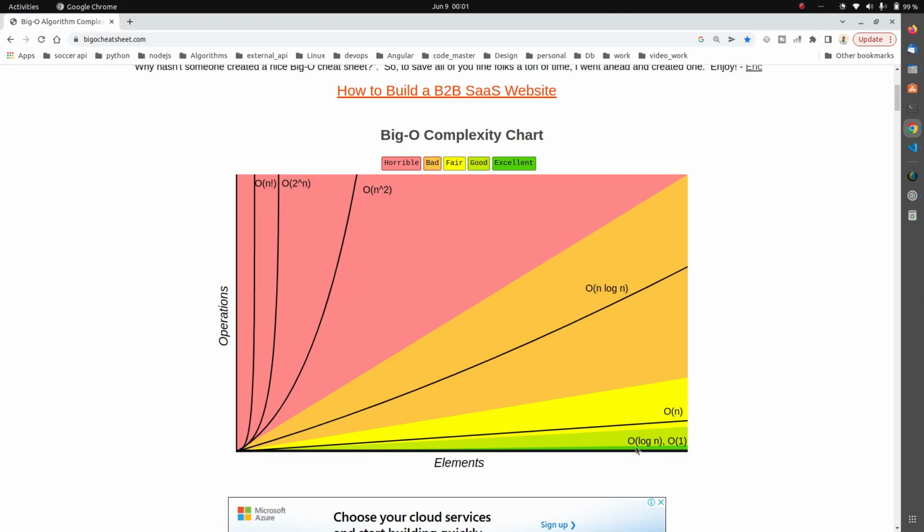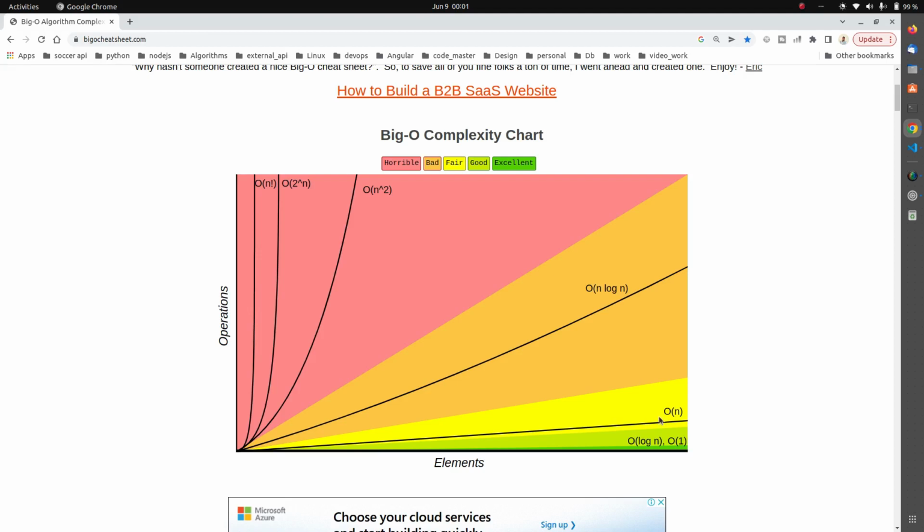Whatever algorithm is within this big O notation is excellent. You can see it doesn't rise with time, especially O of 1, which moves in constant time. Then followed by O of log n. You can see it is also good. It is marked as good.